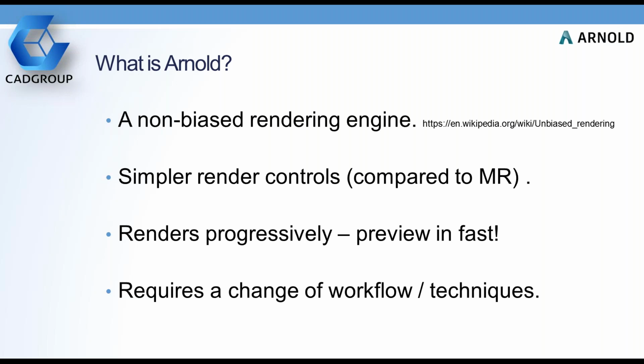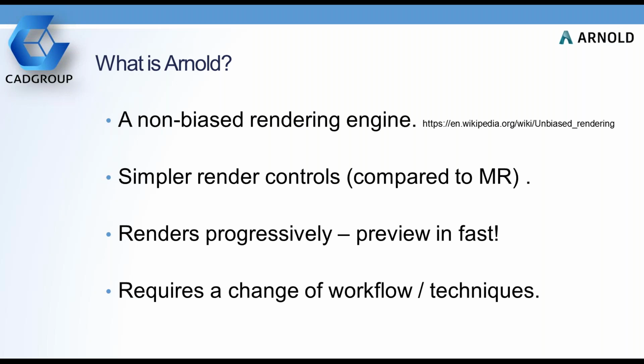In fact, there's another rendering package, a third-party package that can be purchased, called V-Ray, that a lot of people who use 3ds Max end up purchasing, and that's because it was simpler and more predictable than Mental Ray, so they purchased that as a sort of add-on rendering package.